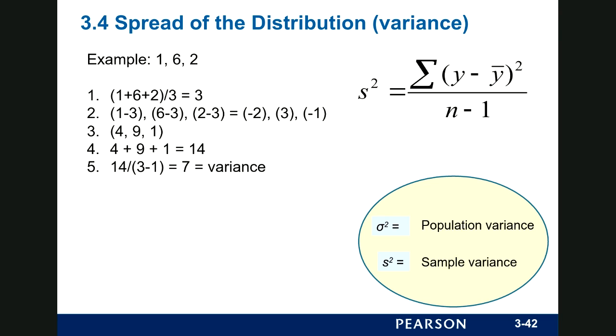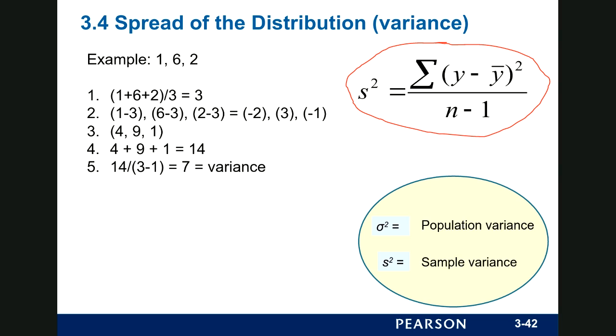The values are 1, 6, and 2. So this is my formula for sample variance. I'm going to look at this formula to figure out how to calculate the variance for observations 1, 6, and 2. So the first step is to get the average or the mean.